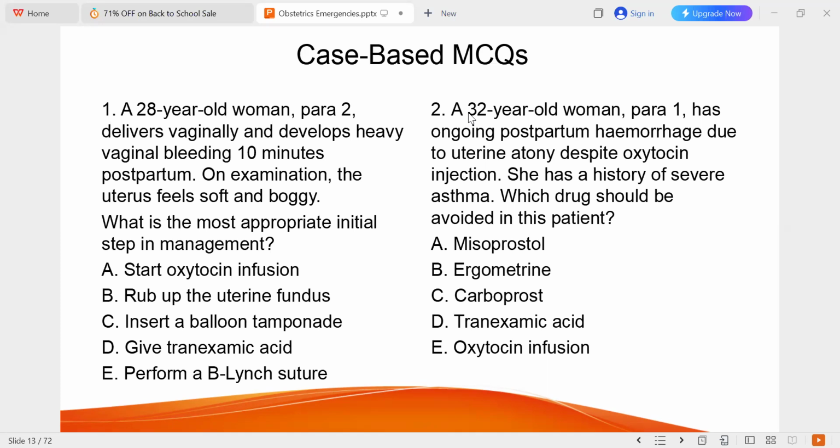Because carboprost has been known to exacerbate asthma attacks. We can check that out, but I think I'll go for carboprost. Okay, number 3, let's go.